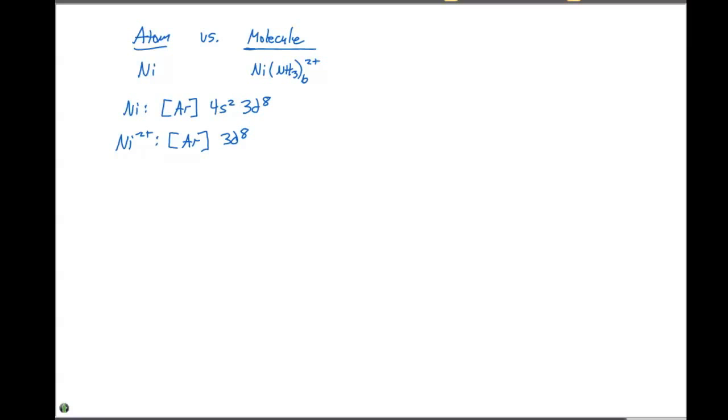So the general statement that we can make here is it takes less energy to remove the 4s electrons from a transition metal. So when we write out an electron configuration, we're always going to remove those s electrons first.